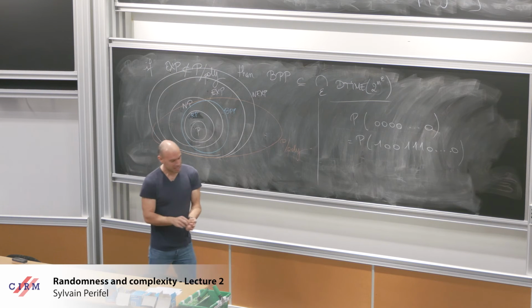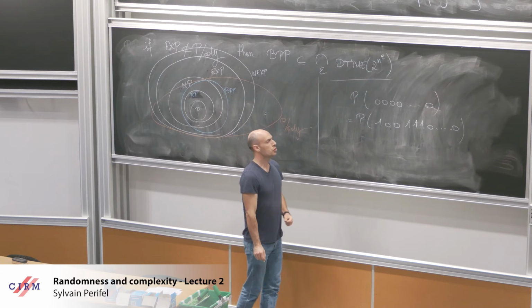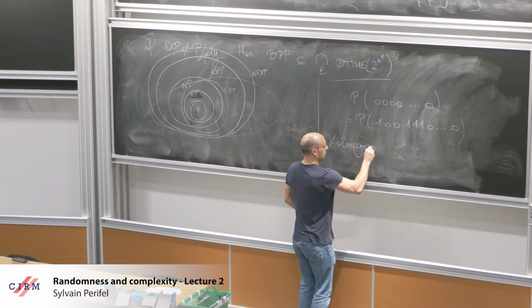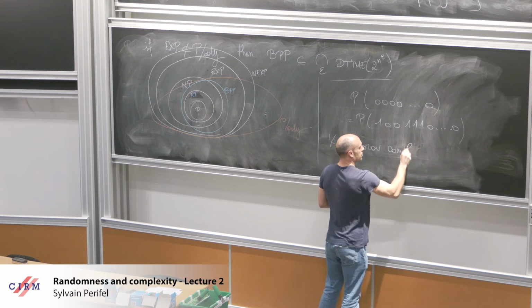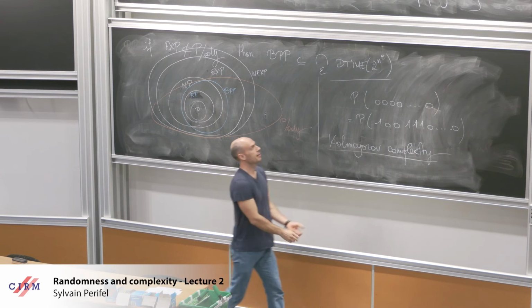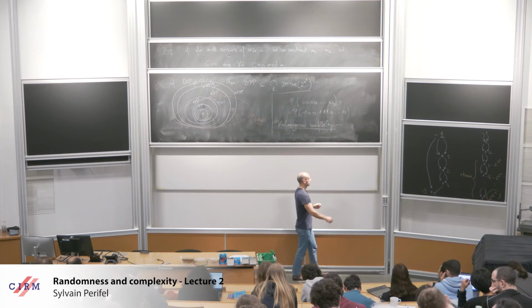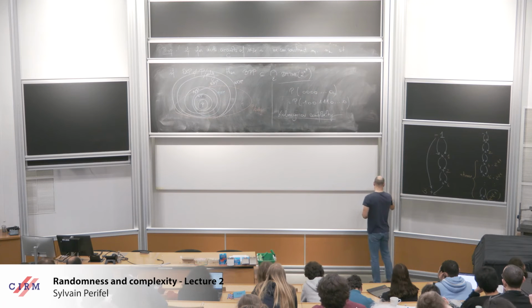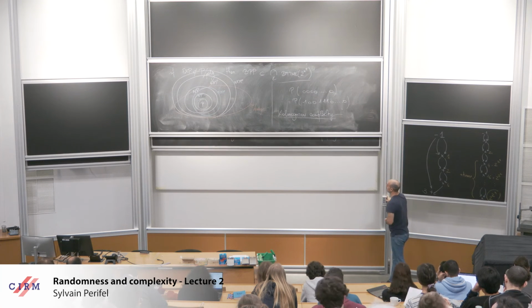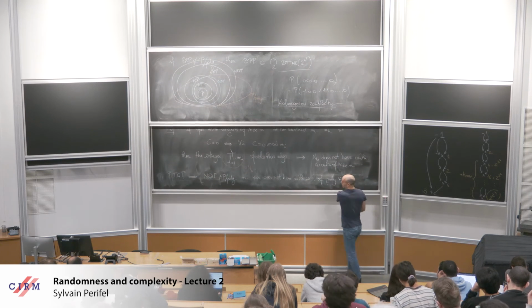Okay, and so what tools do we have to define randomness? One of the tools is to use Kolmogorov complexity. So I will just sketch the ideas, because I do not have much time left. And then we'll try to understand the links with de-randomization right before.